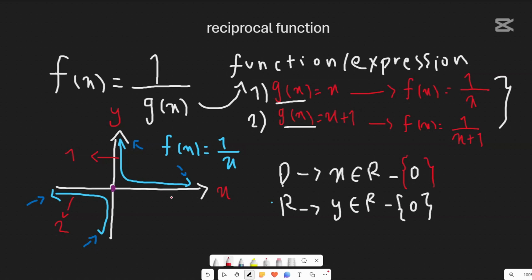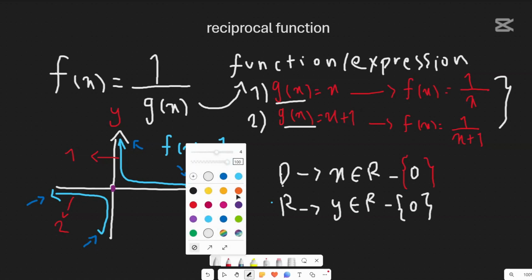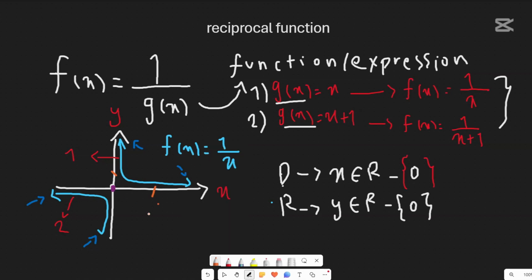And we call these lines asymptotes. So this one and this one are our vertical and horizontal asymptotes. Basically, these are the lines that our function never touches. So the vertical asymptote is x equal to 0, and our horizontal asymptote is y equal to 0.